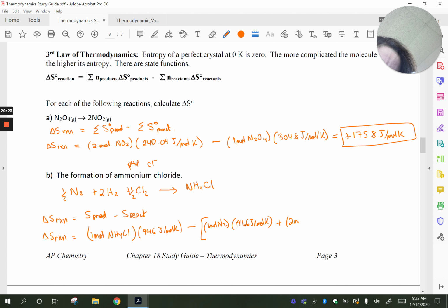Then we have 2 moles of H2. The value for that one is 130.684 joules per mole Kelvin. If you want to round to like the tenth place in these, that is fine as well. Then finally we have half a mole of Cl2, and the value for that one is 223.066 joules per mole Kelvin.